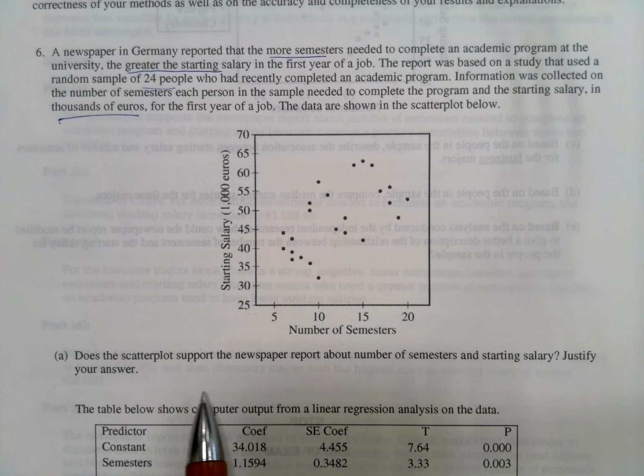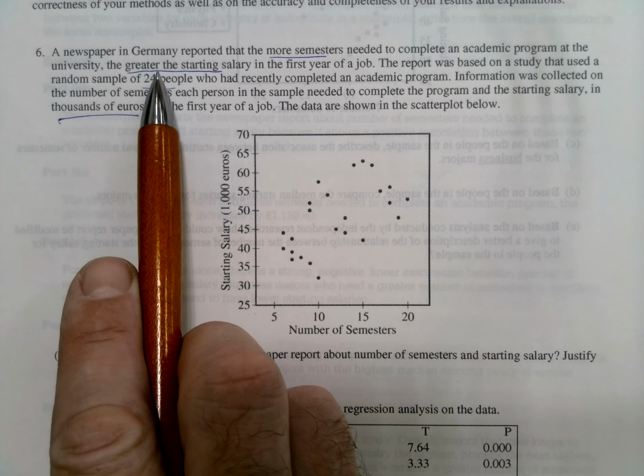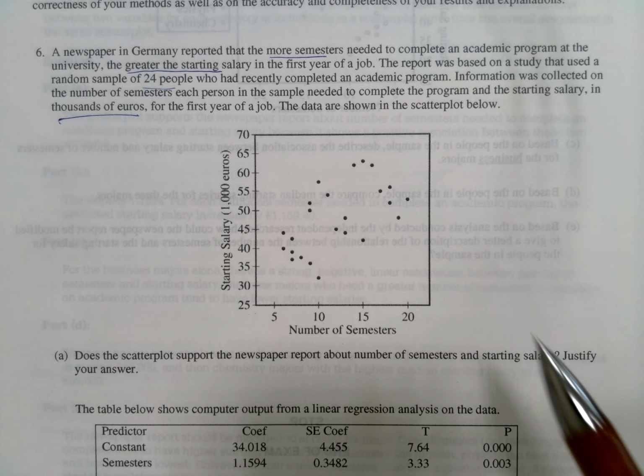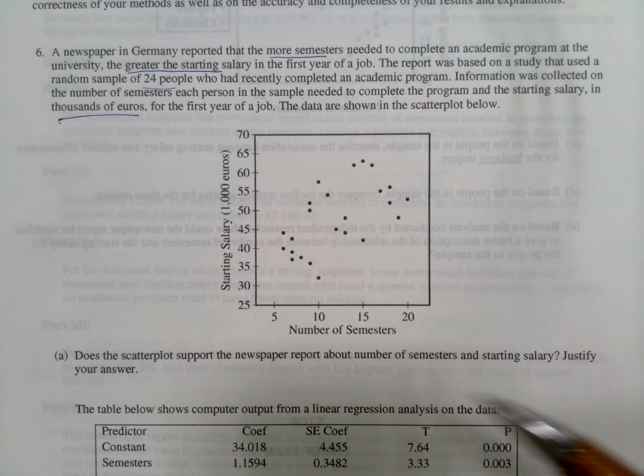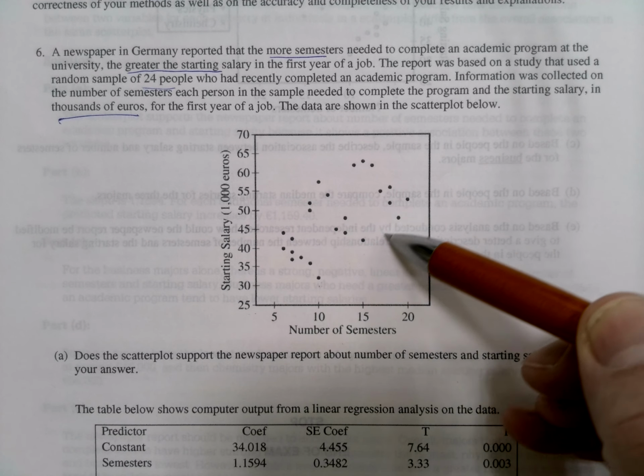Does the scatter plot support the newspaper report about the number of semesters and starting salary? Justify your answer. So they're trying to say that the more semesters you have, the greater the starting salary. And when you look at the scatter plot as a whole, and sometimes if it's hard to tell, I'd like to put an oval around the data.